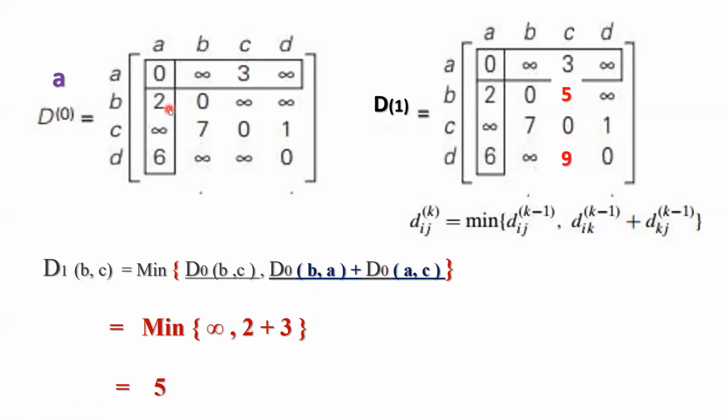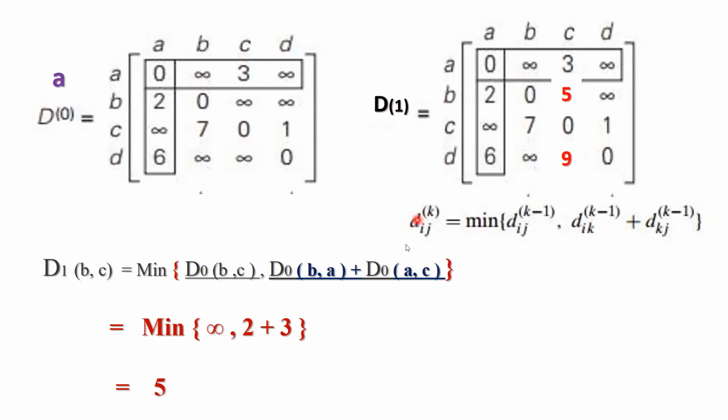B to A is 2, A to C is 3. So 2 plus 3 is 5. So infinity and 5, which is minimum? Because we are checking for the minimum among the options. So 5 is minimum, and hence I shall write 5 here. So instead of infinity, I will update 5 in the next matrix.